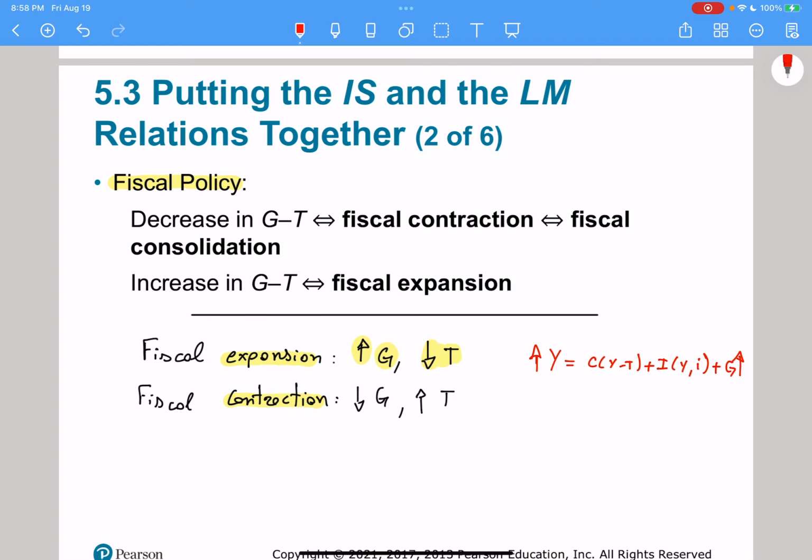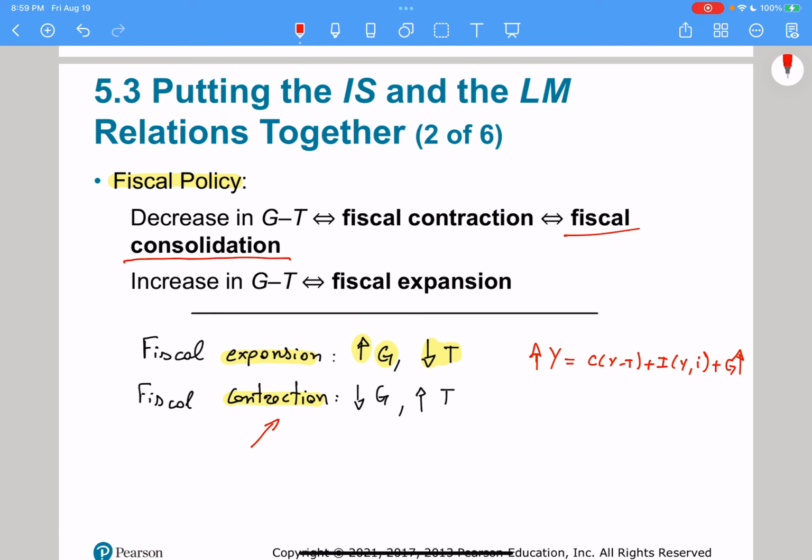However, you can think about the combination of both T and G here. So what's G minus T? This is the opposite of government savings, but don't bother yourself with that. A fiscal contraction, which is this example here, is the same thing as to say that we have a fiscal consolidation.